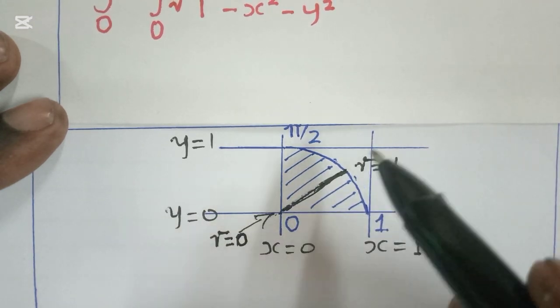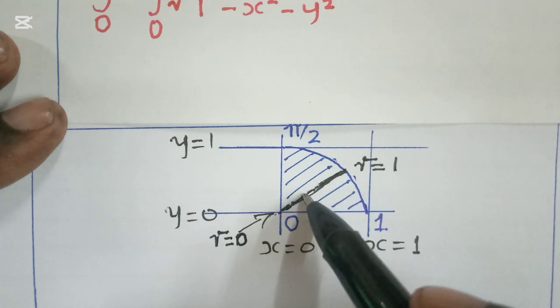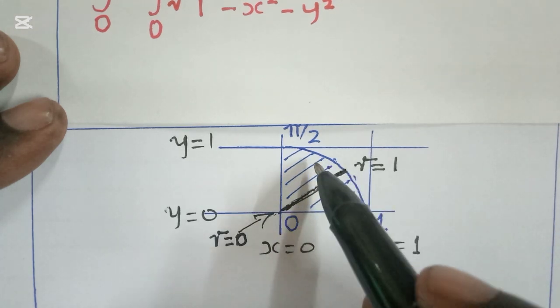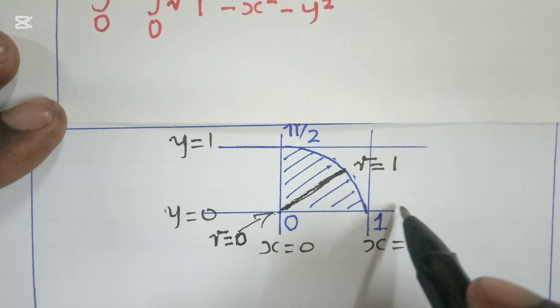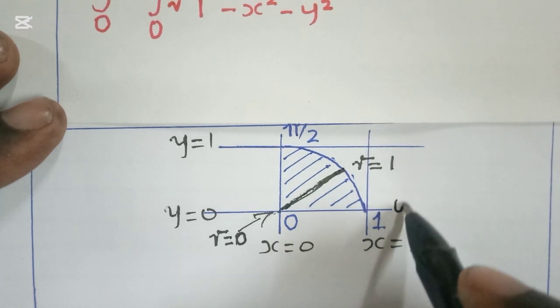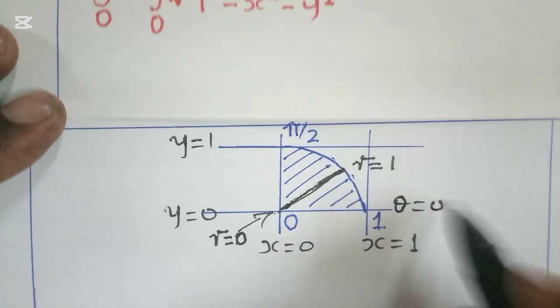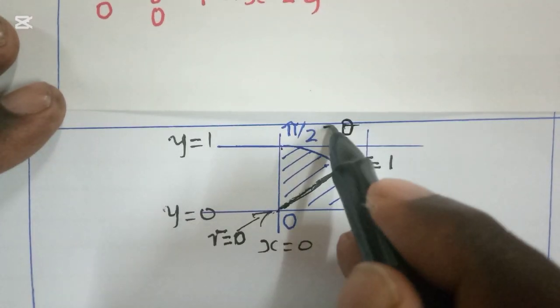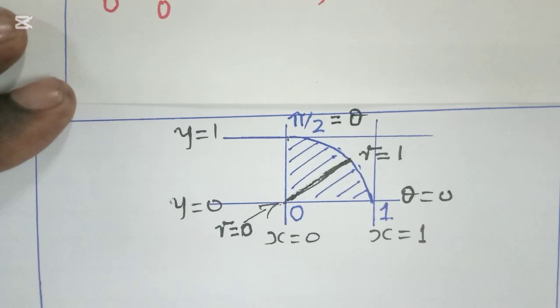Again, we are going to sum up the strips along the circumference from theta equals 0 up to theta equals pi over 2.